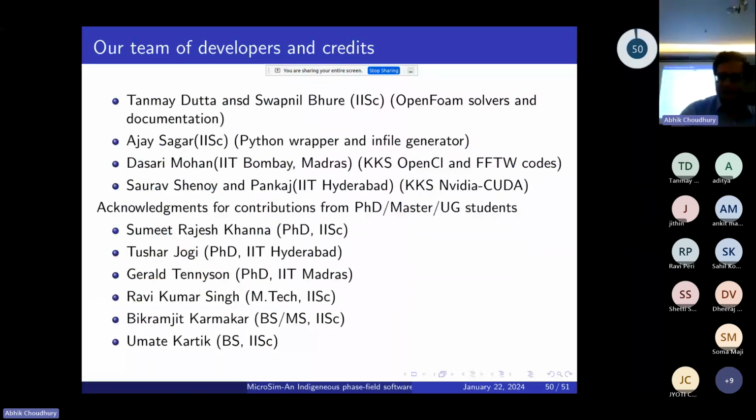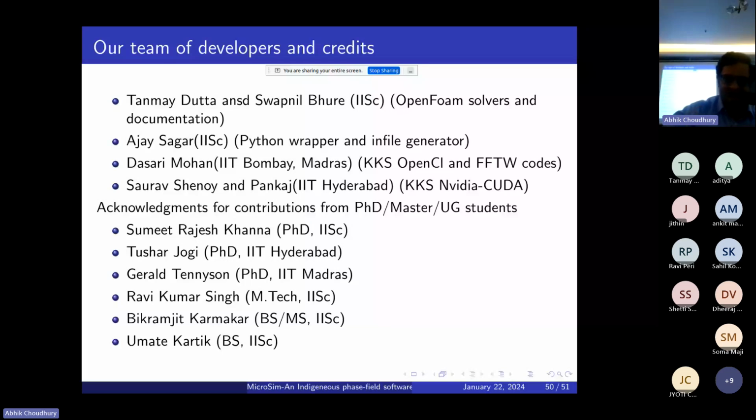So with that, I would like to end. This is again the team of developers. I would like to emphasize that whatever you see today is the combination of not only the developers who are sitting here, some of whom have already moved on into different positions elsewhere doing postdocs, but also the work of past PhDs, master's and UG students, on whose work things have been developed.